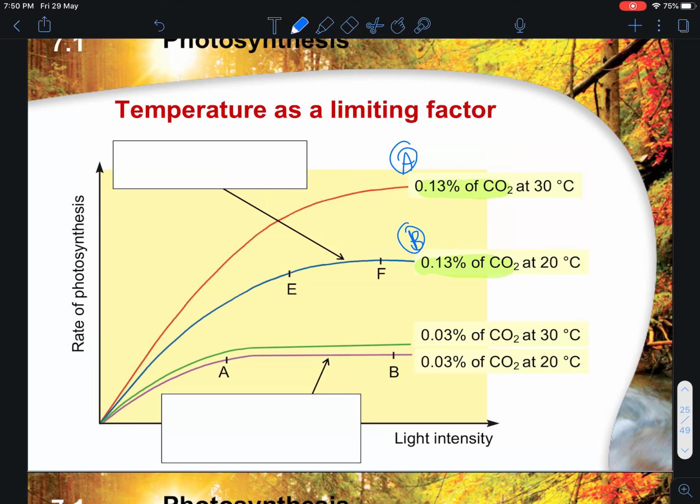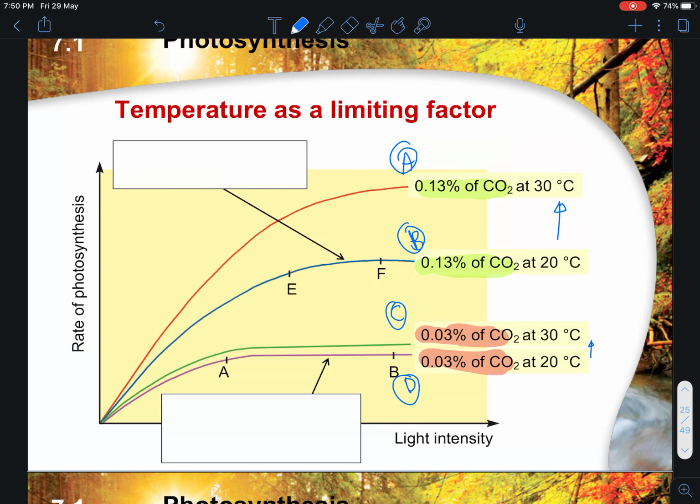Then of course, if you want to compare in terms of temperature, you can also use graphs C and D, but only between C and D, because the carbon dioxide is also the same. So generally you will see that the graph is higher at higher temperature. This means that the rate is higher at higher temperature.